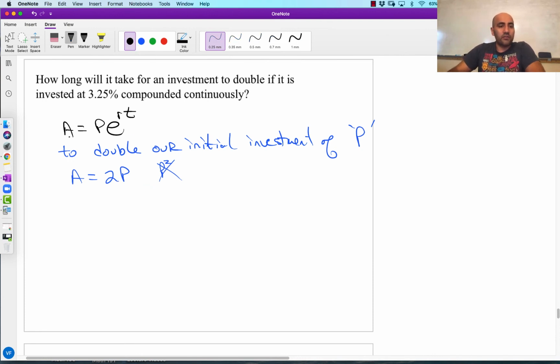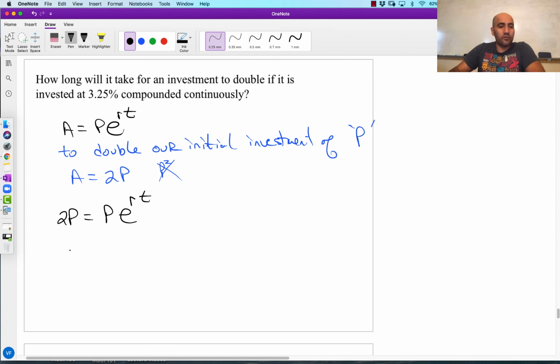Okay, so armed with that knowledge, we're just going to replace the A with a 2P. At the end of t time, find t such that this is true: e to the rt. And so now we know r is 0.0325, and t is what we're looking for. And notice what happens to P. When we want to double it, this is going to work out really nicely.